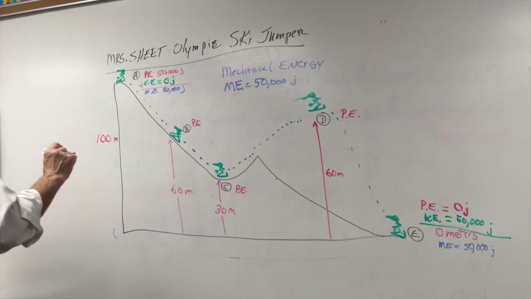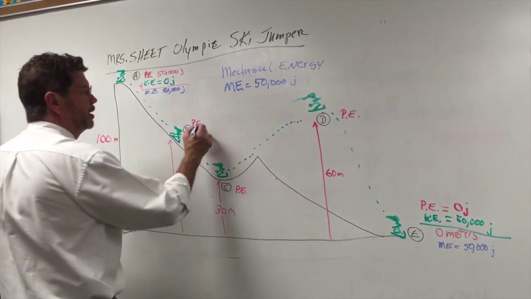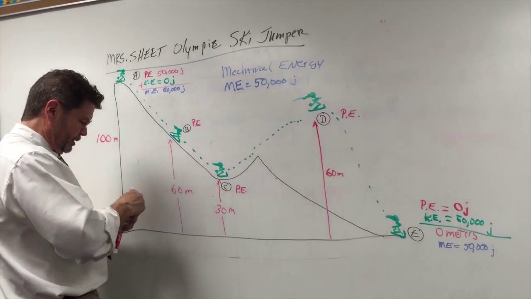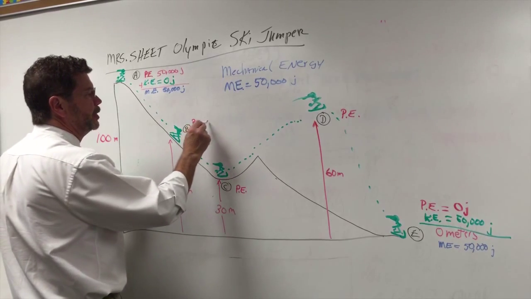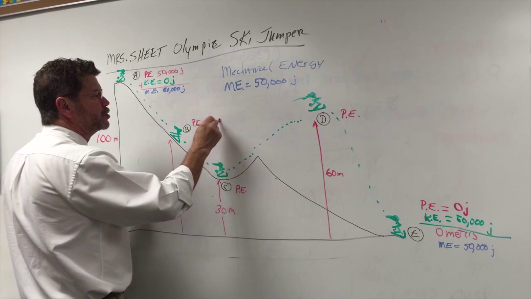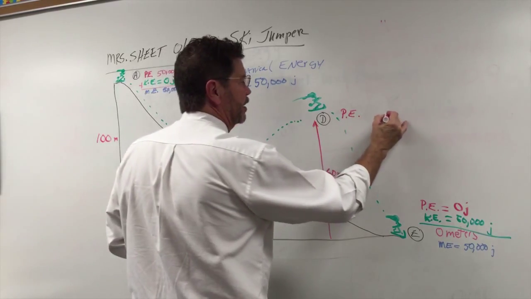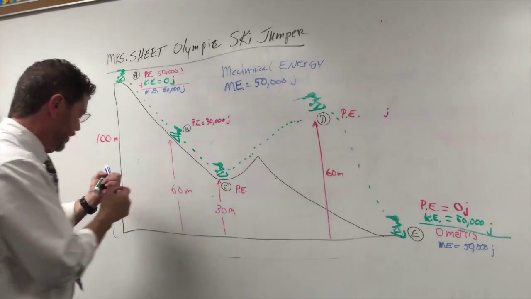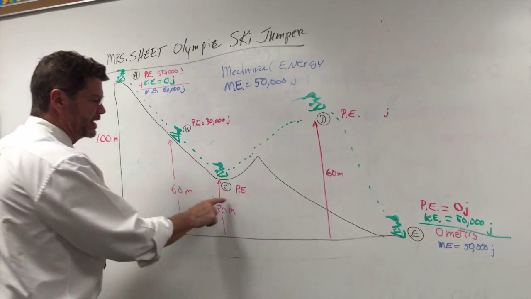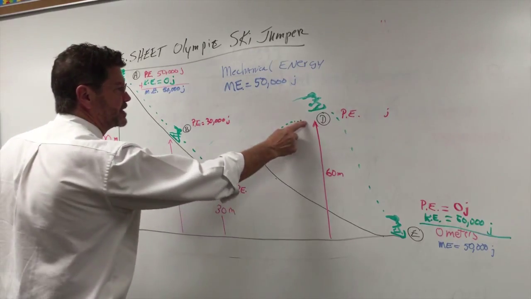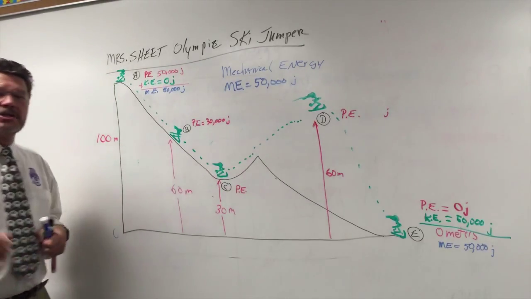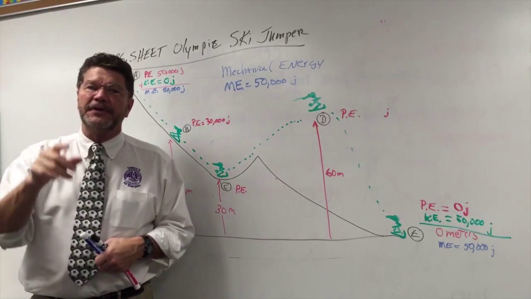They have the same potential energy, which happens to be 30,000 joules. You can figure out this one by yourself, because it'd be the same. And this 30 is half of 60. So you can figure these out. So let's take a break and have you figure it out.